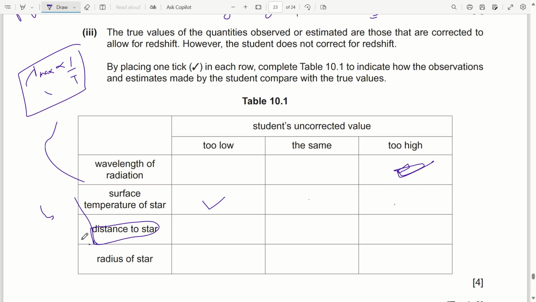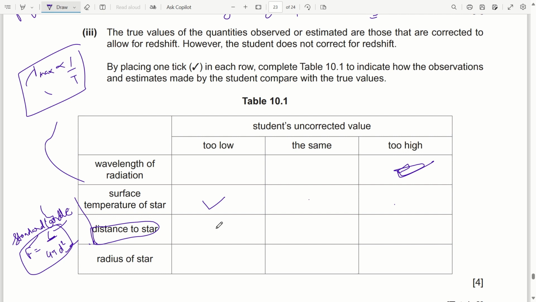Since we have considered a standard candle, the luminosity is known, and F is equal to L by 4 pi d square. F is constant, L is constant, so d will also be constant here.